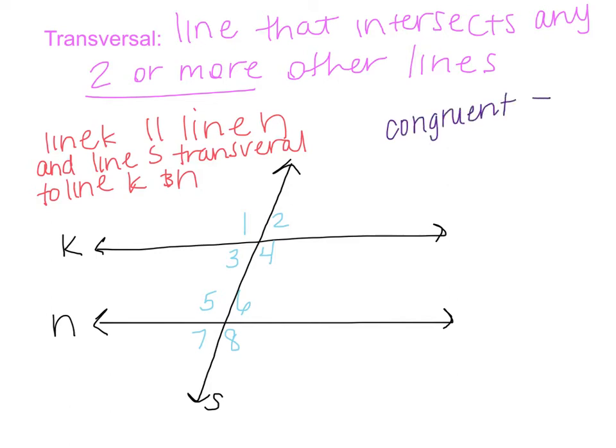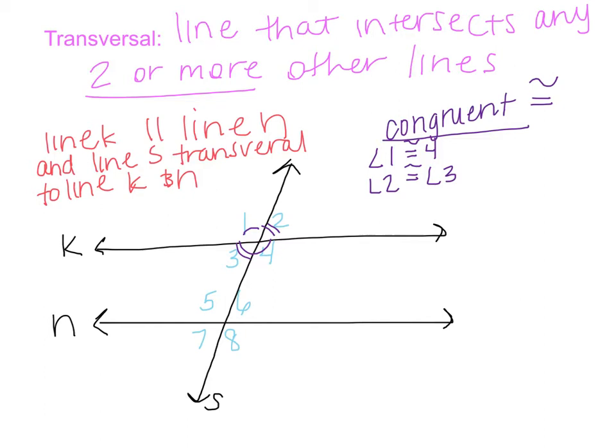So remember, our symbol for congruent is the equal sign with the wavy sign above it. So if we start with angle 1, remember we know that anything across from it is the same or congruent. So we know angle 1 is congruent to angle 4. Okay, let's start there. Well, if we look at angle 2, we know that that is congruent to angle 3. But if we look down here at this second part, these are going to be the exact same as those top ones.